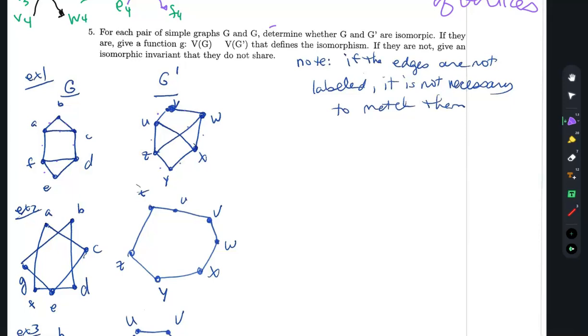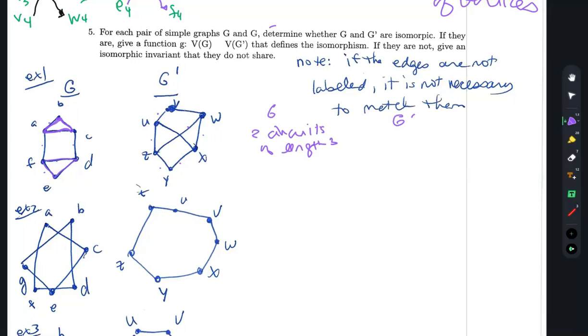Okay. What about circuits? I see a circuit of length 3, right? 1, 2, 3. Actually, there are 2 circuits of length 3 in G. How about here in G prime?